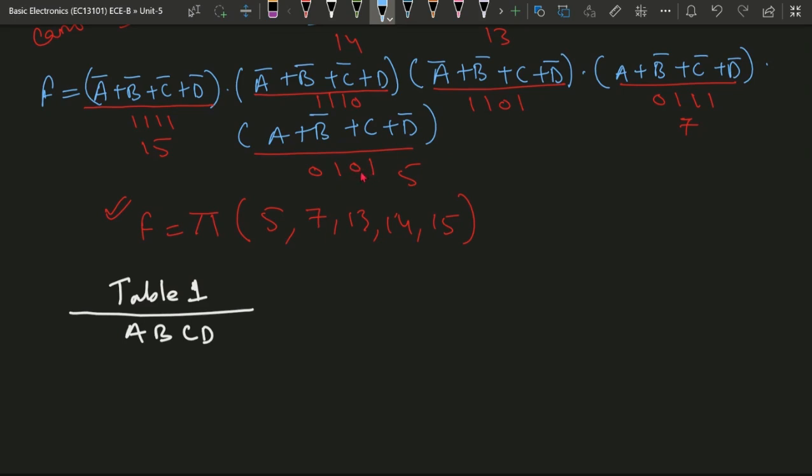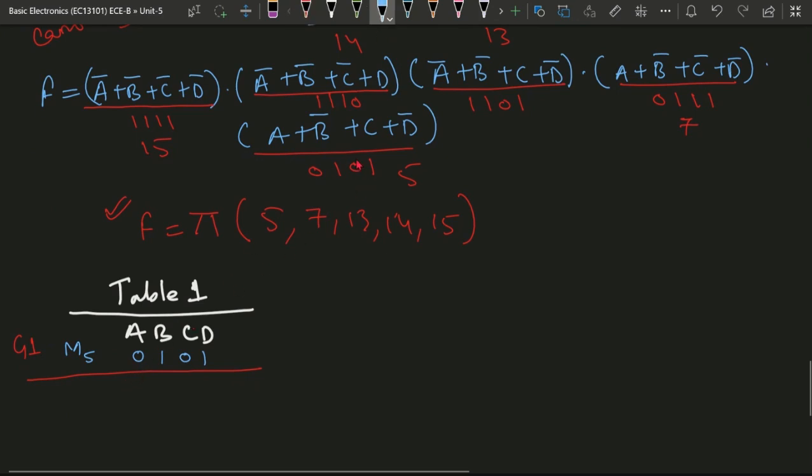So based on the grouping, the M5, capital M5 because this is a max term, that is 0 1 0 1, has 2 ones. So we will be starting with 2 number of ones. All others have more than 2 ones, so group 1 will have only one element, that is M5.